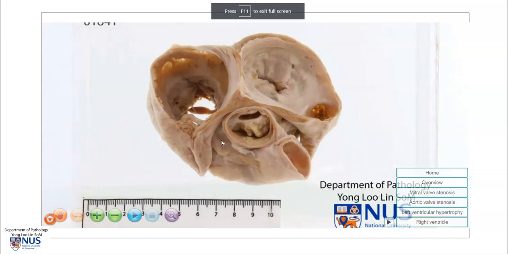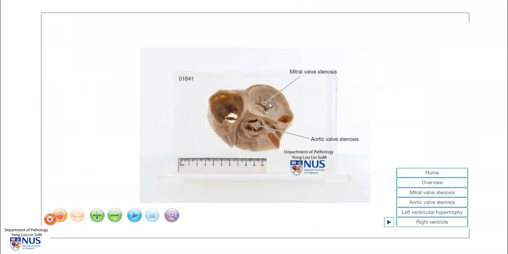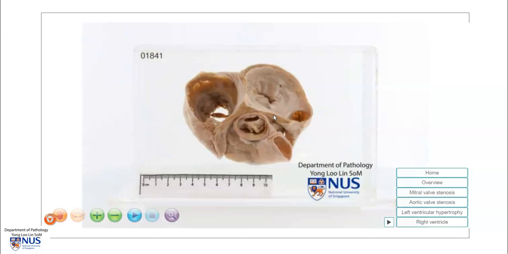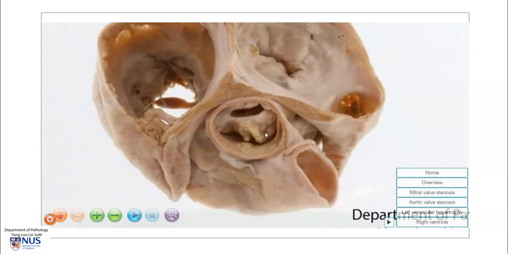Here again, we are looking at the top view and looking downwards, and this actually shows both mitral valve stenosis as well as aortic valve stenosis. So looking at the valve itself, you can see that it's very narrowed and the cusps are thickened and fused together. This actually may not necessarily be due to purely calcific aortic stenosis.